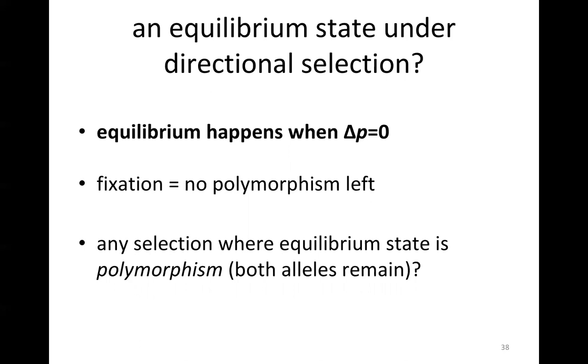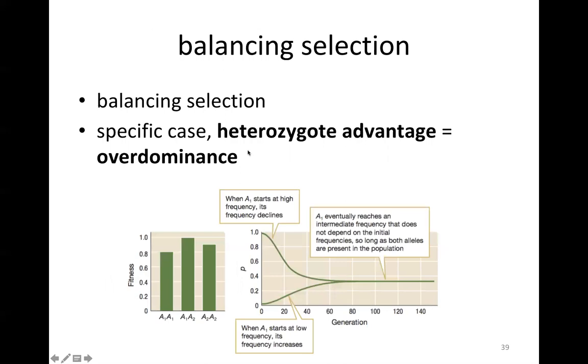Okay, so the equilibrium state under directional selection is loss of one of the alleles, we said. Can you also imagine a type of selection where the equilibrium state is polymorphism, where both alleles remain? Could we have another type of selection where both alleles remain in the population? And indeed, we discussed this.